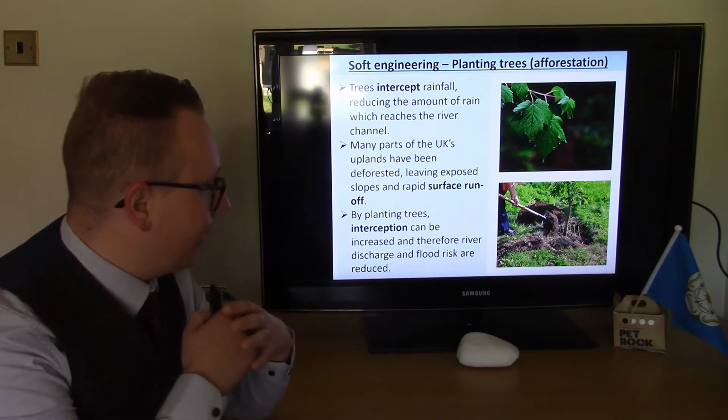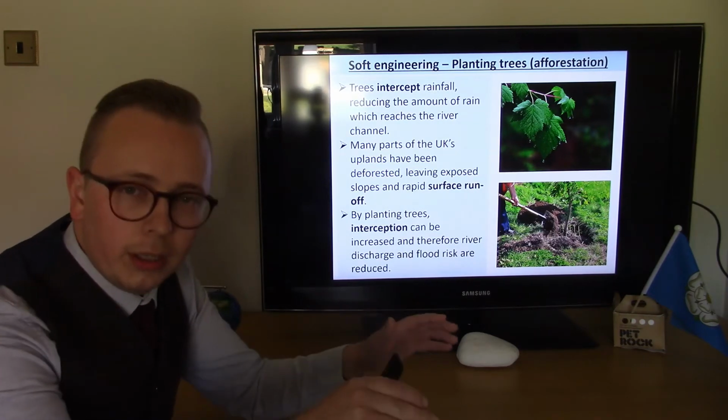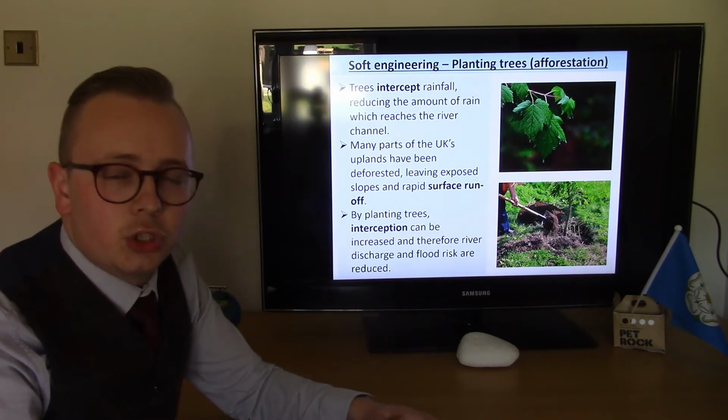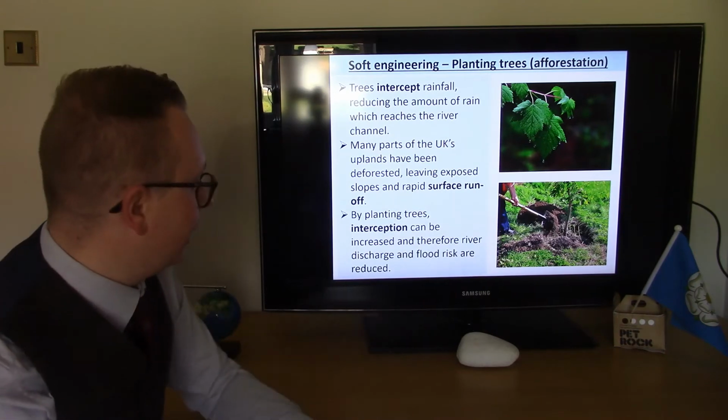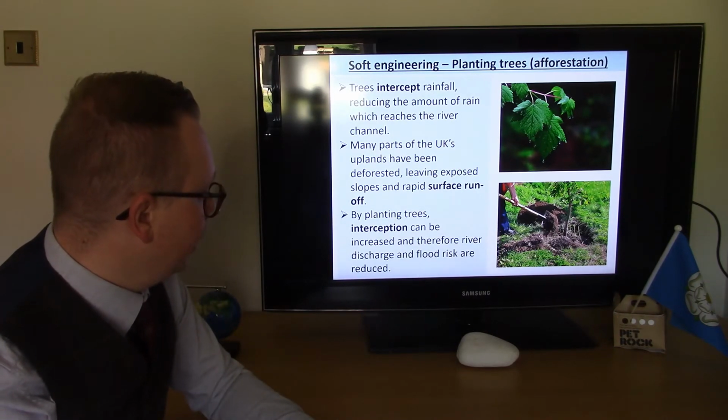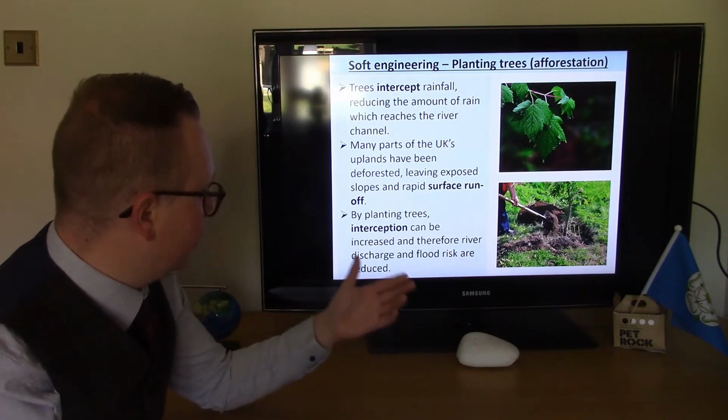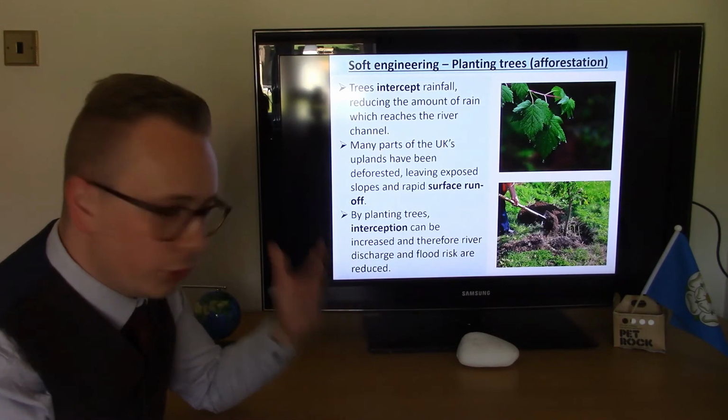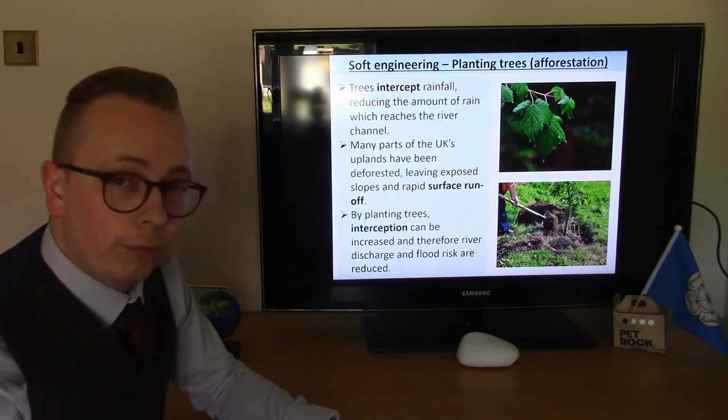As a result we have rapid surface runoff off our uplands, getting straight into the river catchments and leading to those higher discharges. So by planting more trees we can increase interception and therefore reduce discharge and reduce the risk of flooding.